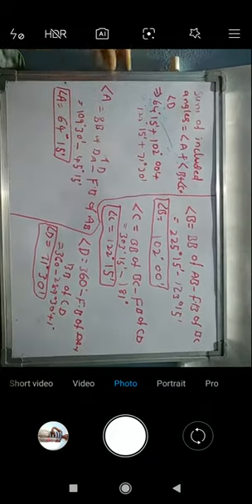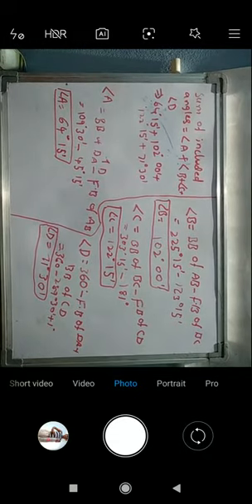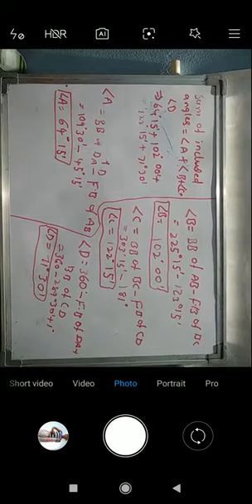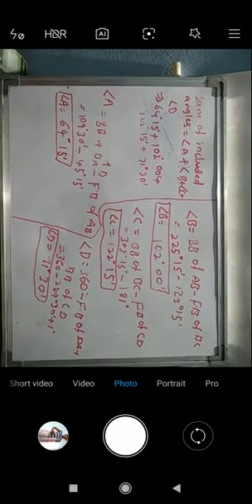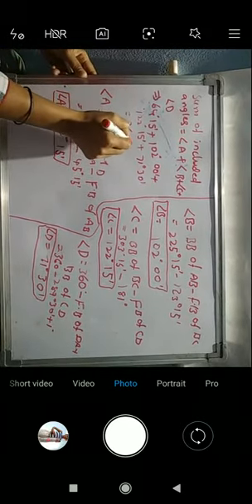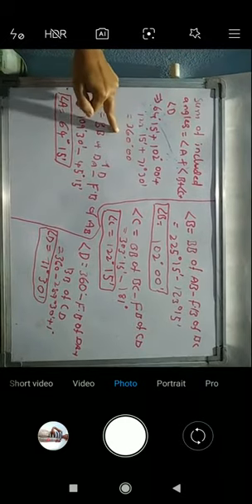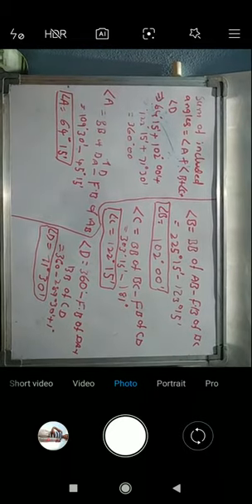So you can add all these angles. This total is 360 degrees 00 minutes. It must be equal to the check, 2n minus 4 into 90.